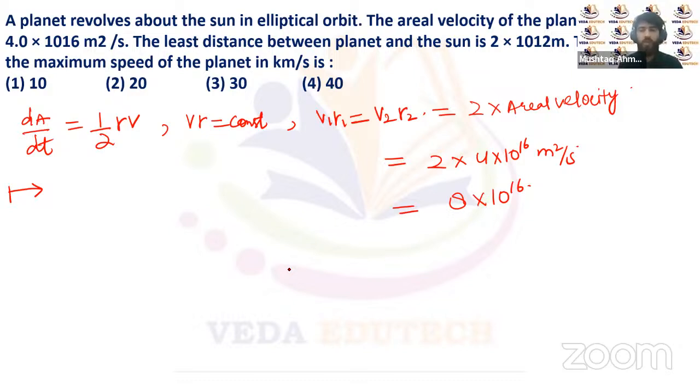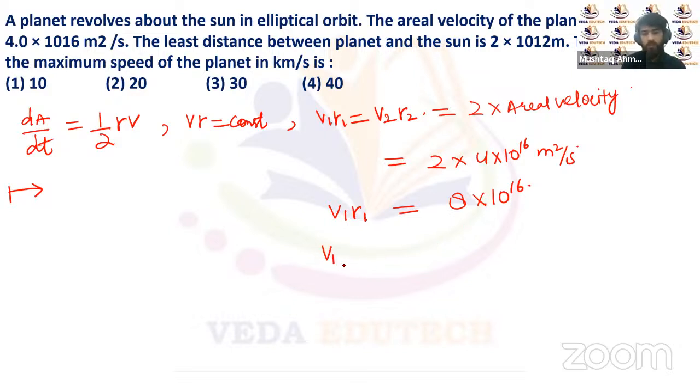Now what we have to find out is the maximum speed of the planet, which will be at the nearest point. The least distance between the planet and the sun is given, that's 2 into 10 to the power 12. V1 R1 has to be equal to 8 into 10 to the power 16.